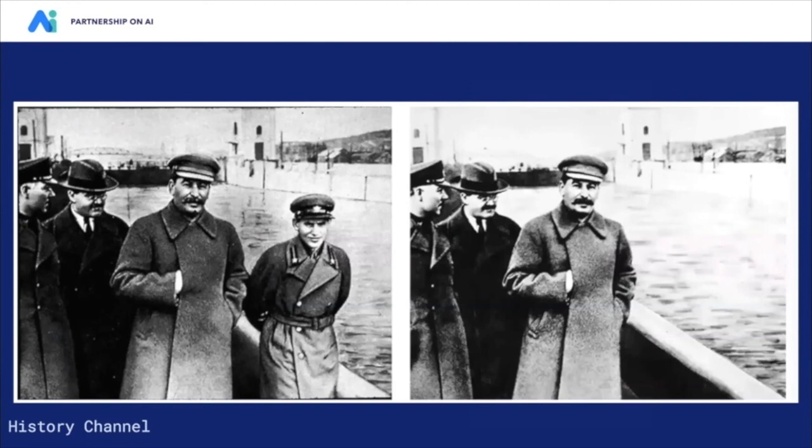Now, this strikes a bit of a different tenor. What you're looking at here is another form of manipulated media, from the 1930s, well before the dawn of Instagram or the AI era, in which Joseph Stalin, who's depicted in the middle of the image on the left and the rightmost individual on the image on the right, has had the man next to him removed adjacent to the Moscow Canal.